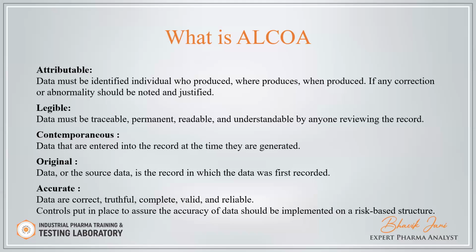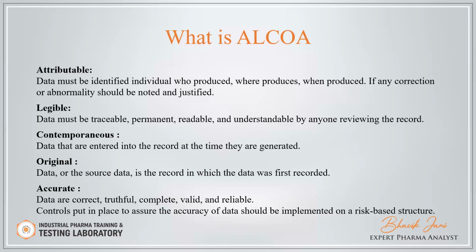The data always should be accurate. For example, for the calculation of the assay test, if your SOP says the assay test result should be one decimal, then you have to report it in one decimal only.